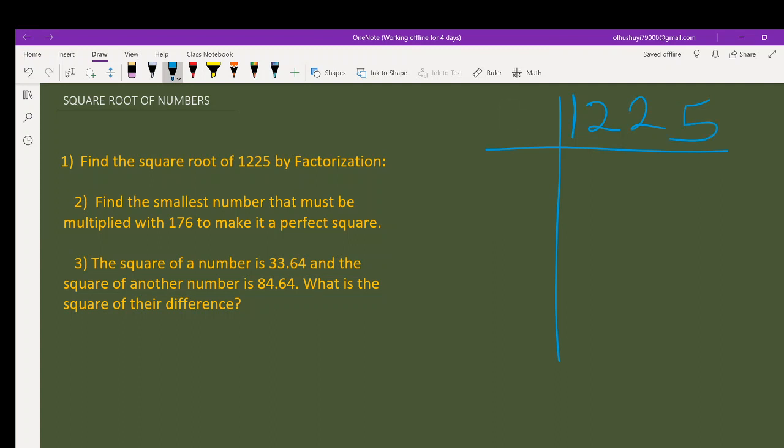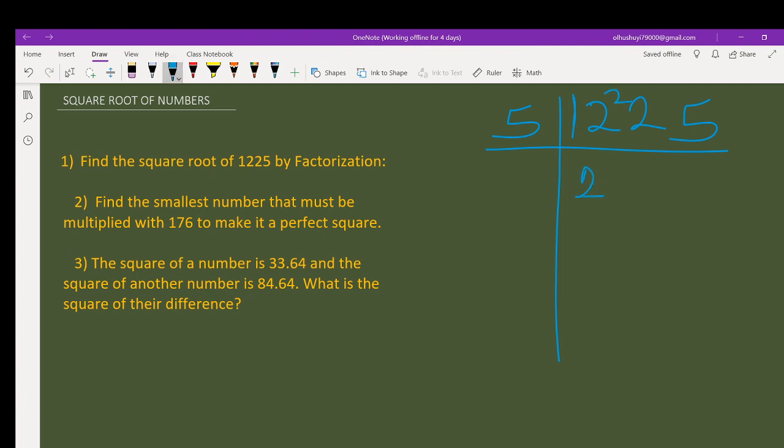Then what do you divide with? Of course 2 cannot divide it because it ends with an odd number. Let's check, will 3 divide this? 3 won't divide, but 5 of course will divide. Yes, 5 will divide. What do we have here? 5 into 12 is 2, we have 2 left.